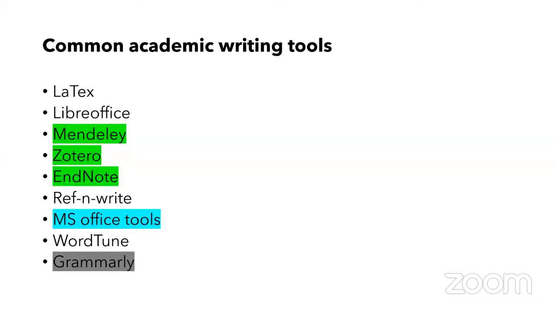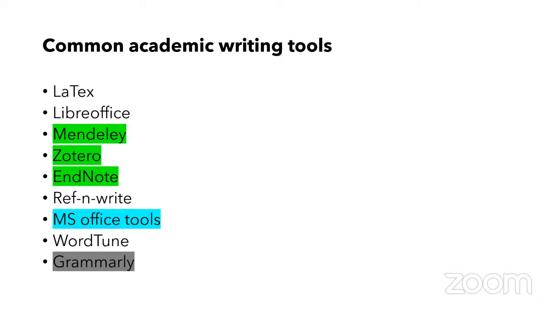People use LaTeX, LibreOffice for people who don't use Microsoft Office. And then we have some other tools. We have Mendeley, we have Zotero, we have EndNote, RefWorks. Then we have Microsoft Office tools. We have Wordtune, we have Grammarly.